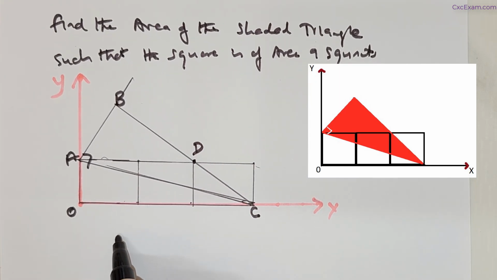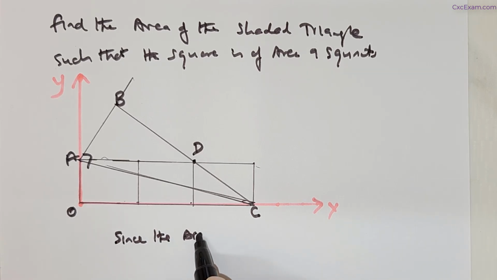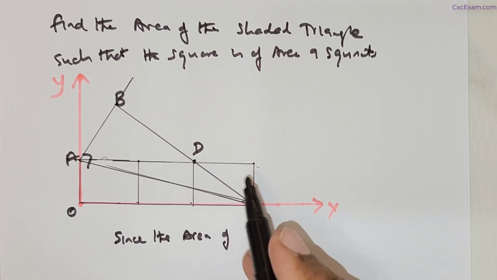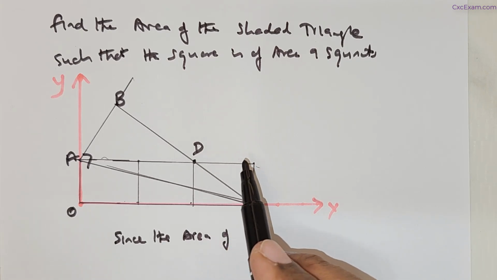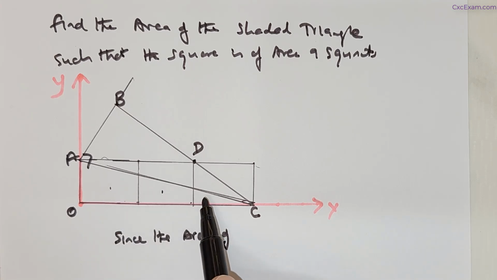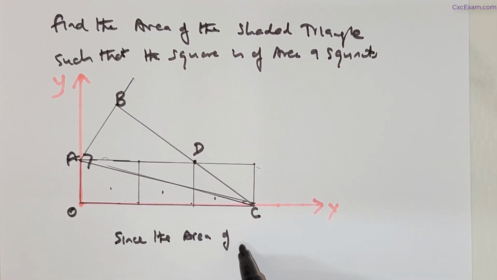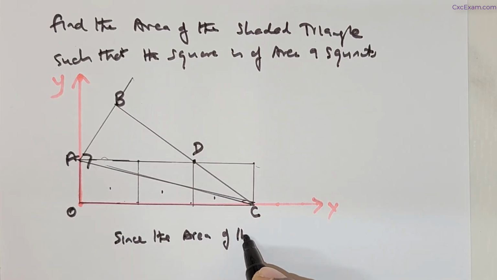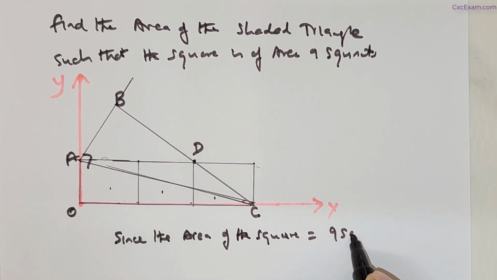Now the given is that the area of each square, so you have a square here, a square here, a square here, is 9 square units.